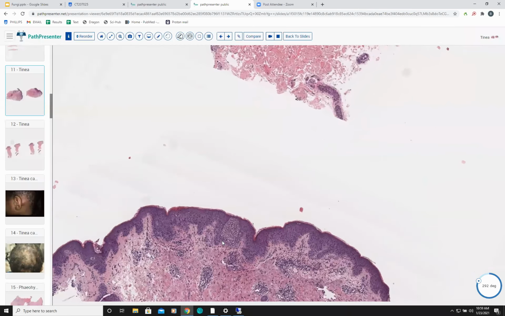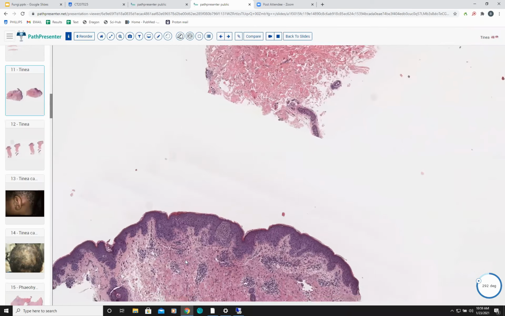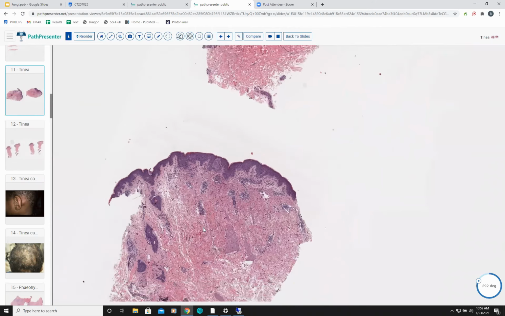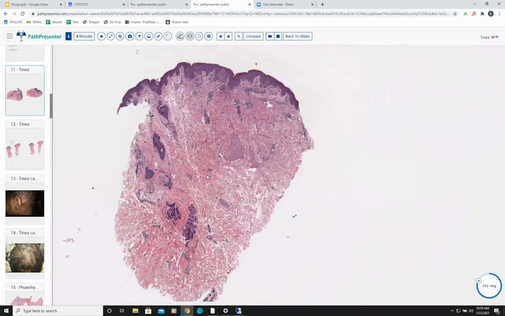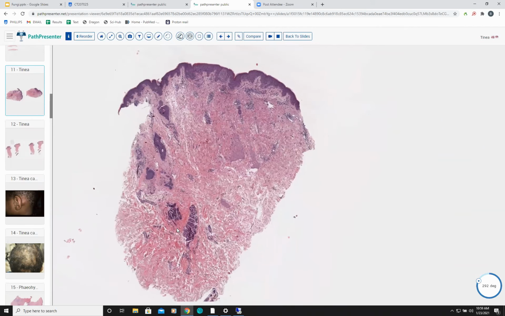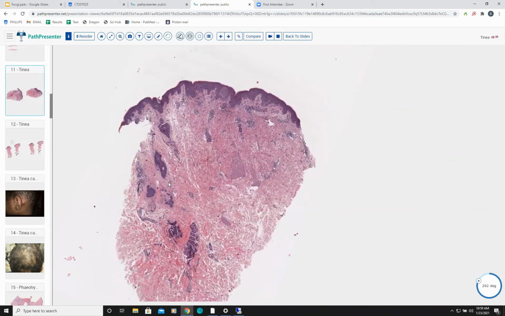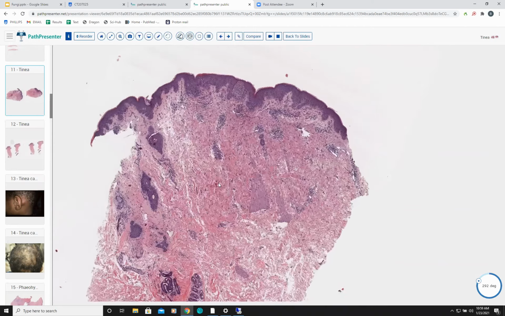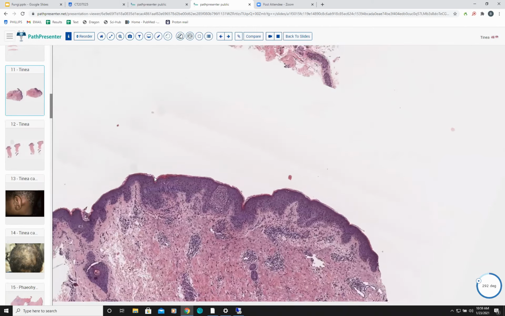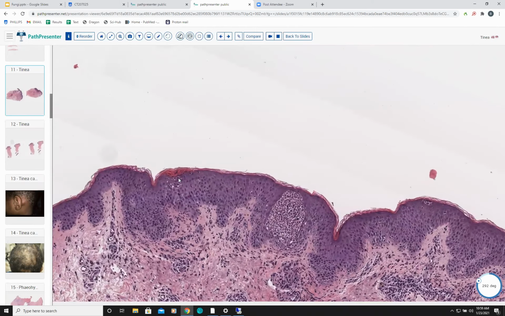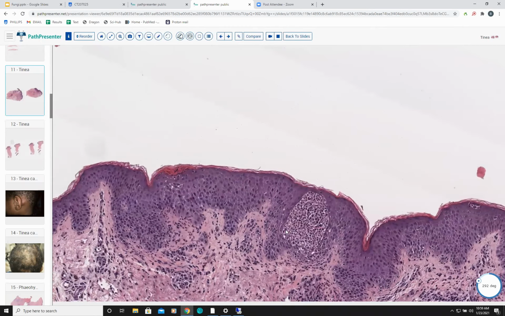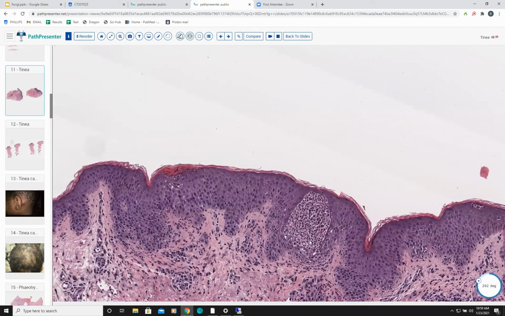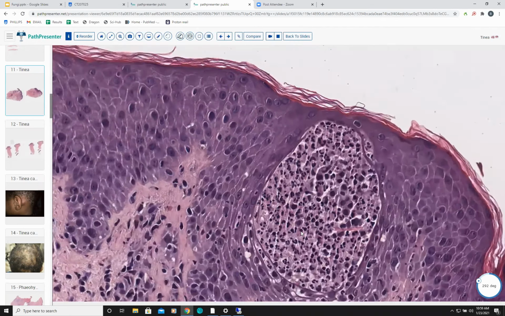Okay, the next one's a little trickier. Again, a nice punch biopsy. Looks like maybe the back, eccrine glands, the follicle. And here you can see there's epidermal change with some parakeratosis, a little bit of spongiosis, and an intra-epidermal neutrophil-rich vesicle formation.